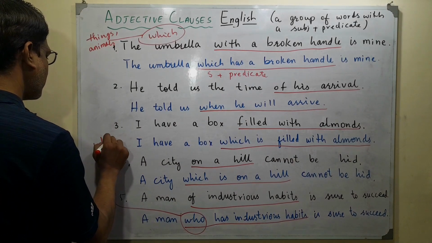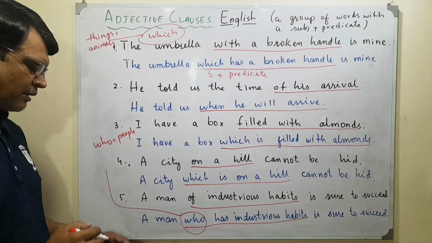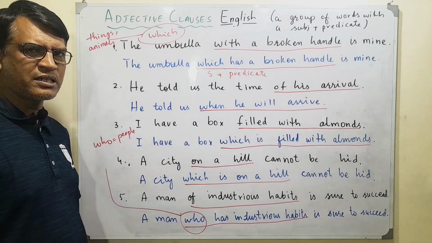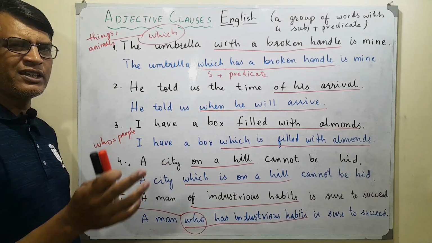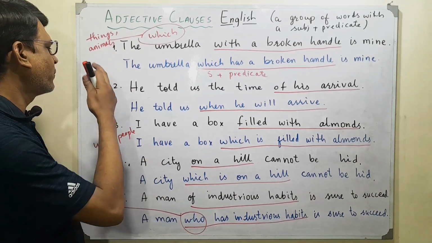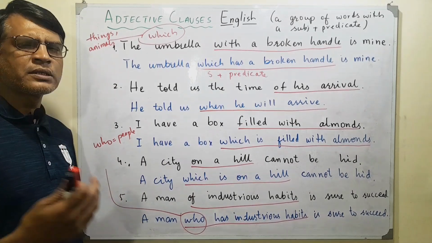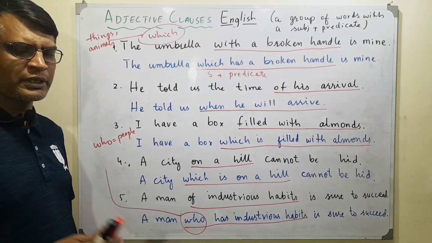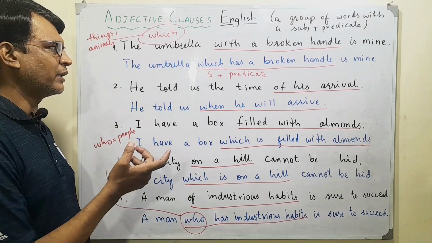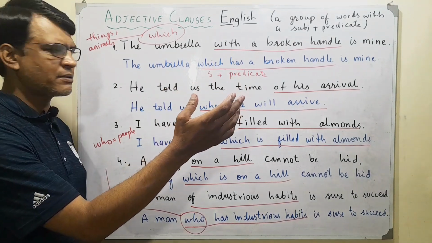So who is for people. When we change an adjective phrase into an adjective clause, we need to see that if we are talking about a thing or an animal, we'll use which, but if you are talking about people, we will use who. Sometimes we also use that, which is a common use for both of them. For instance, we can say the umbrella that has a broken handle is mine.